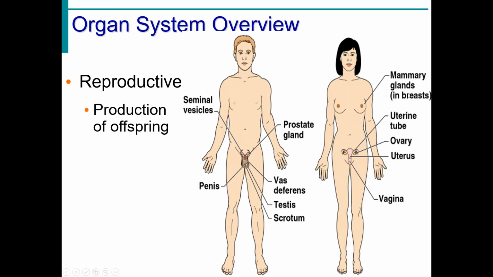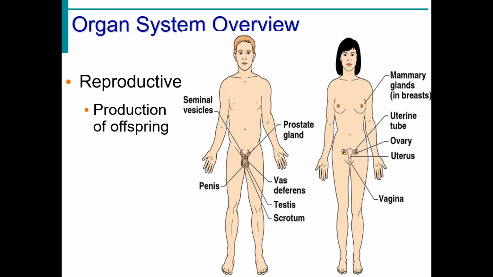In the female, we've got our mammary glands, uterine tubes, ovaries, uterus, and the vagina. It's quite essential for the production of offspring. Now we have certainly advanced in technology where we have alternative methods for reproduction or conception.